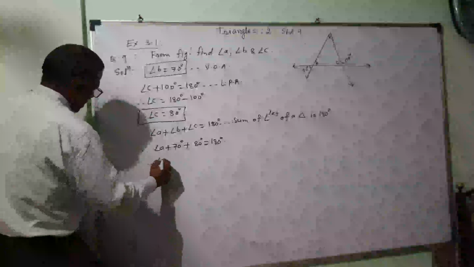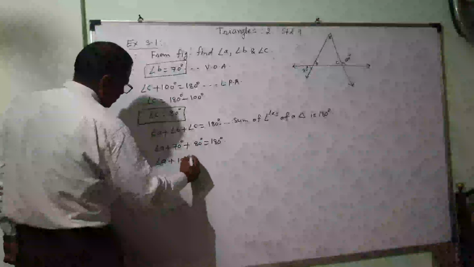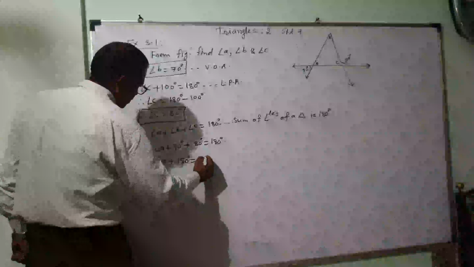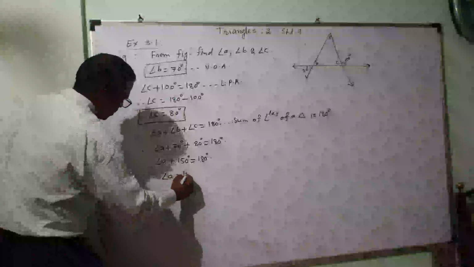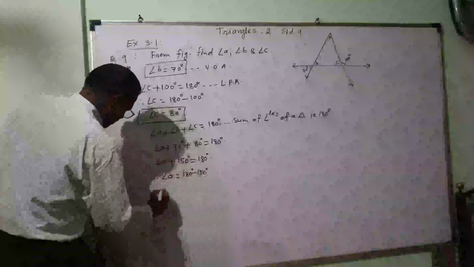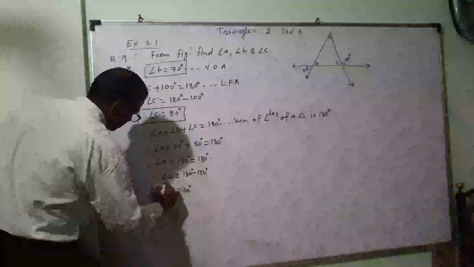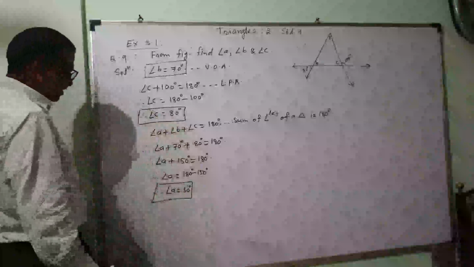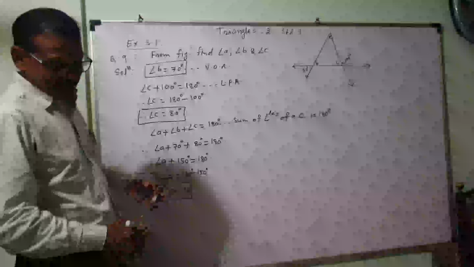Therefore, angle A plus this is 150 degree is equal to 180 degree. Therefore, angle A is equal to 180 degree minus 150 degree, and therefore angle A is equal to 30 degree. So the answer you will write in the final step, angle A equal to this, angle B is equal to this, and angle C is equal to this.